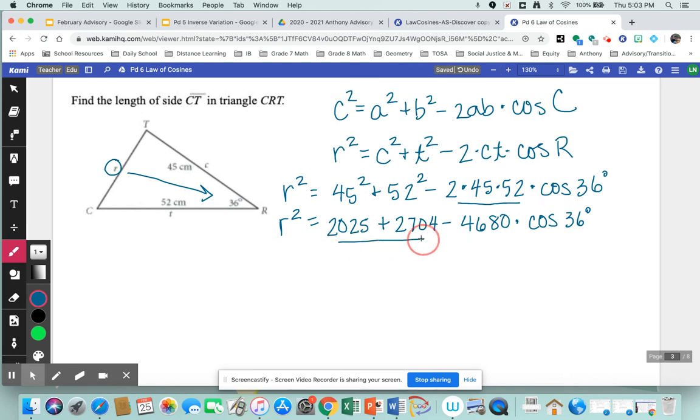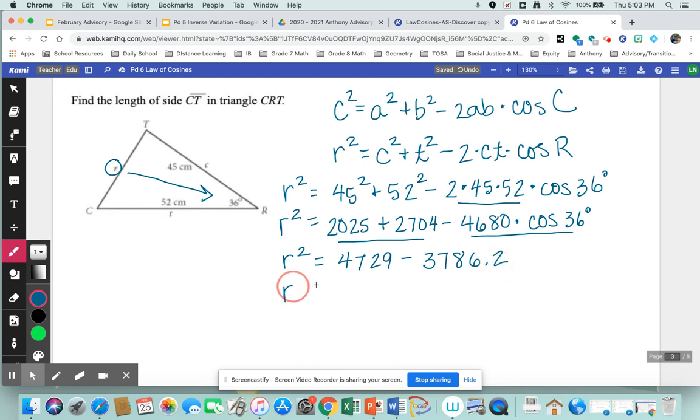Okay, so now we're going to add these together, and we get 4,729 minus, and now we can multiply 4,680 times cosine of 36. And when we multiply that together, we get 3,786.2.